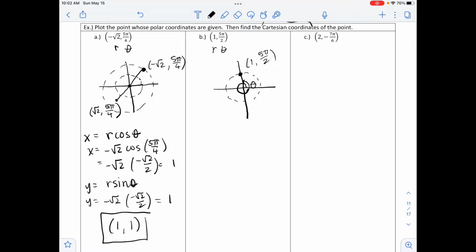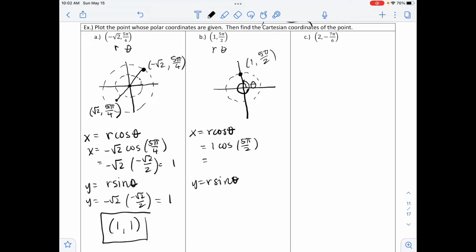And changing this to a Cartesian coordinate, we are going to have x equals r cosine theta and y equals r sine theta. Substituting in r, we have 1 times cosine of 5 pi over 2. Or you can think of it as cosine of pi over 2, which is just 0.